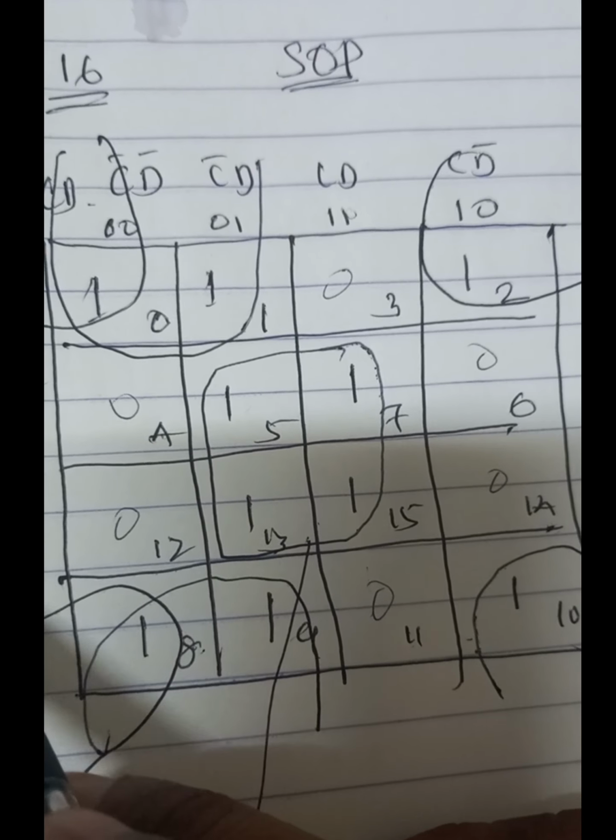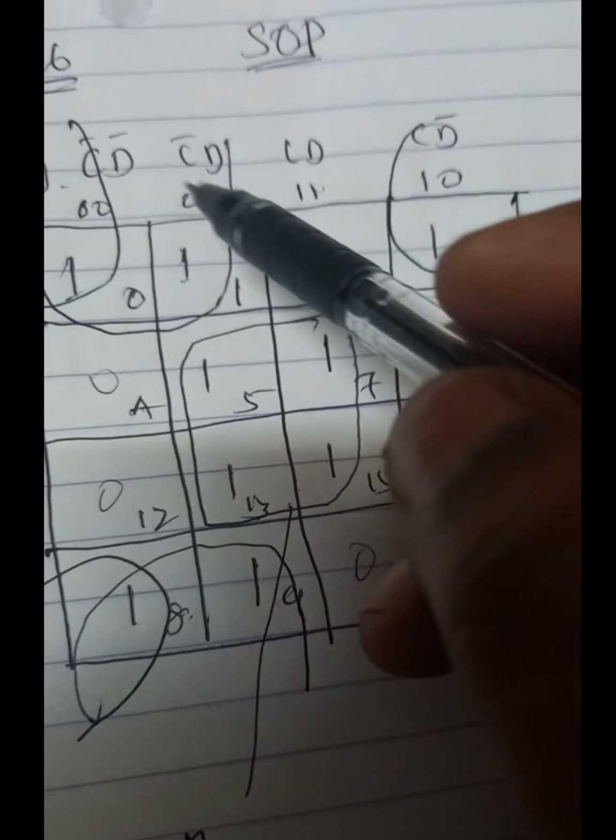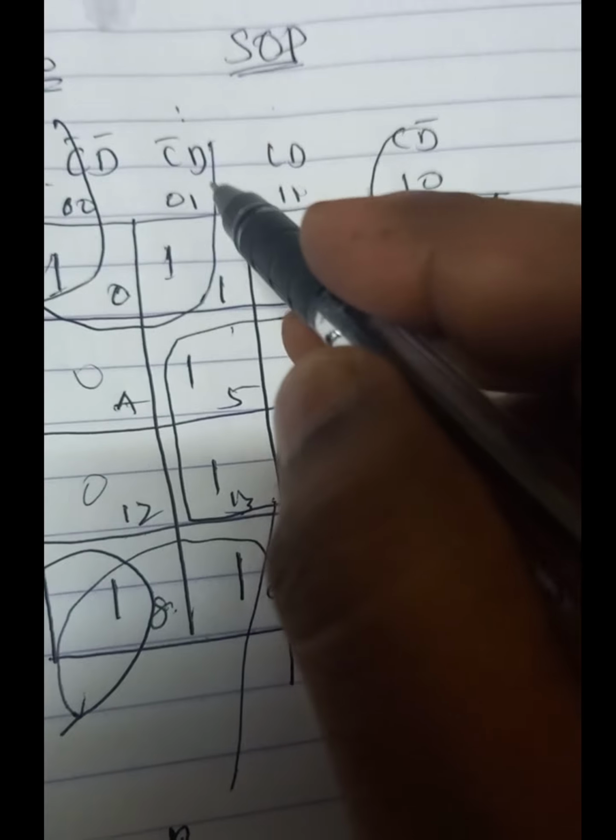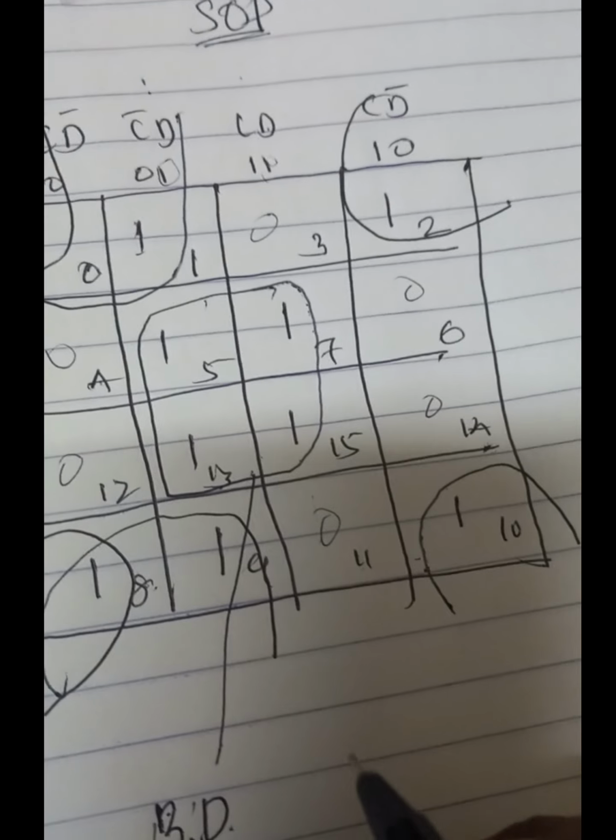We just take the common term, so B is common. Next we check the columns. This group belongs to the second column and third column. Here the common term is D. D is taken for the simplification.